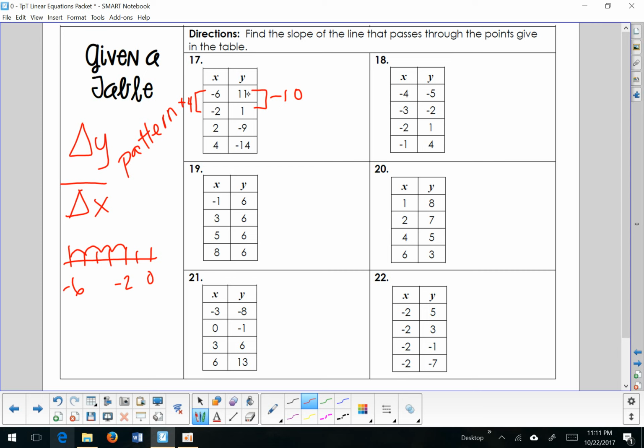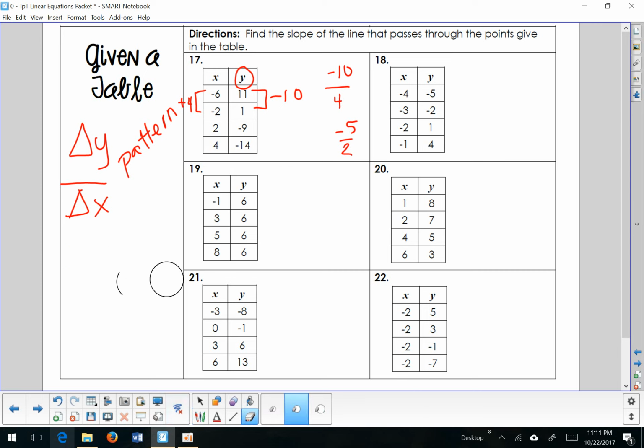So the slope here from these 2 points, or the pattern here, is -10 is the change in my y, and 4 is the change in my x. We could reduce this to -5 halves. Right? So I'm using my pattern here instead of actually using my formula of x2, y2.